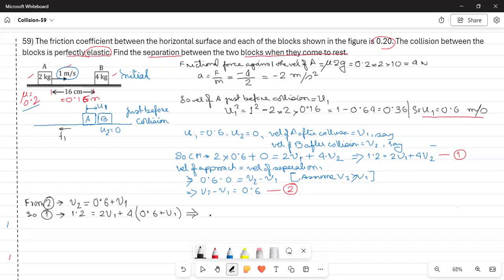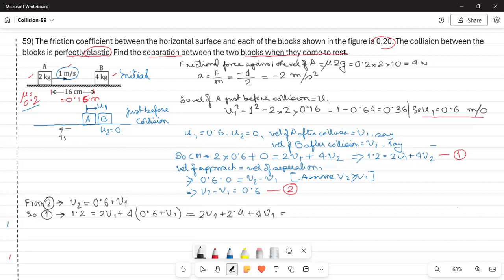I continue simplifying this. This is equal to 2V1 plus 4 times 0.6, which is 2.4, plus 4V1.